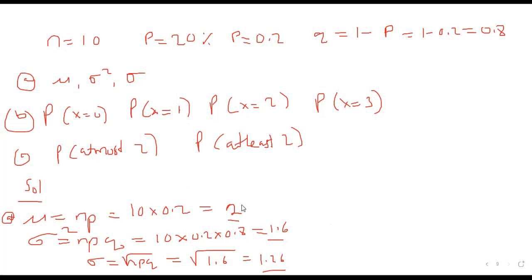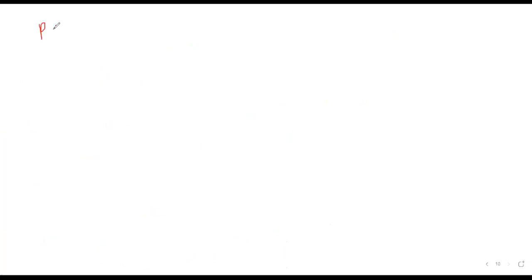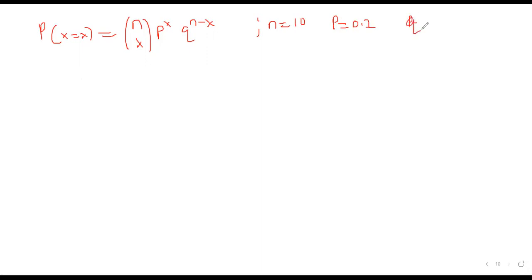So now we go to the second part of the question, finding the probability of 0, 1, 2, and 3. Remember, I said the binomial distribution formula is given by the combination n against x, then you put p to the power x and q to the power n minus x, the difference. So here our n was 10. Our p was 20%, 0.2, meaning our q was 80%, which is 0.8.